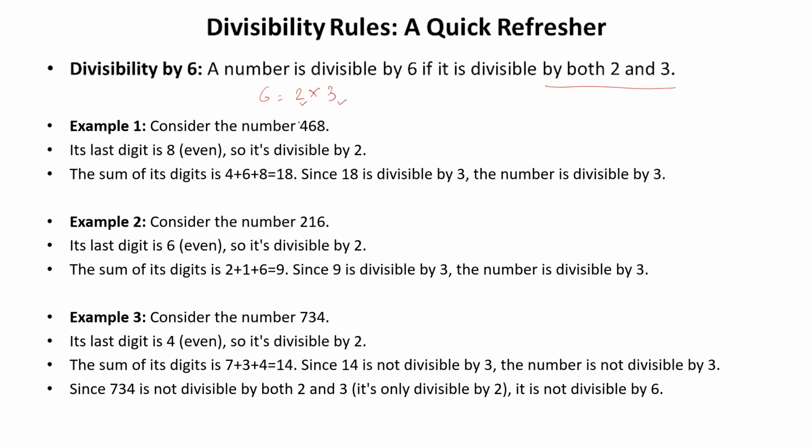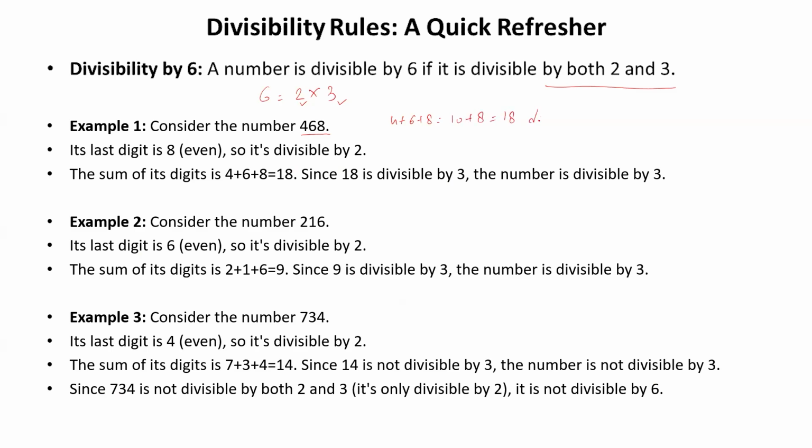So, example, let's look at this number. 468. So last digit is 8. 8 is an even number. That means this number is divisible by 2. Now 4 plus 6 plus 8 is equal to 4 plus 6 is 10. 10 plus 8 is 18.